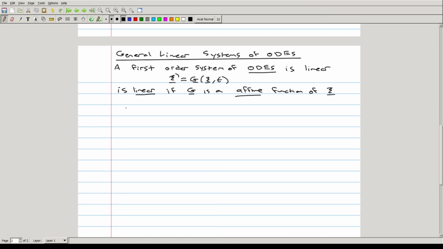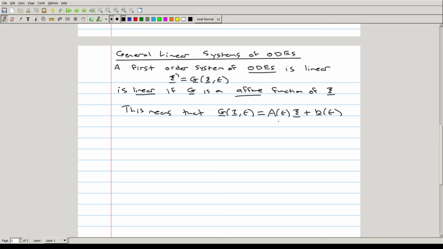So this means that g of xi, t will be equal to some A of t times xi plus some vector b of t, where this is matrix multiplication.